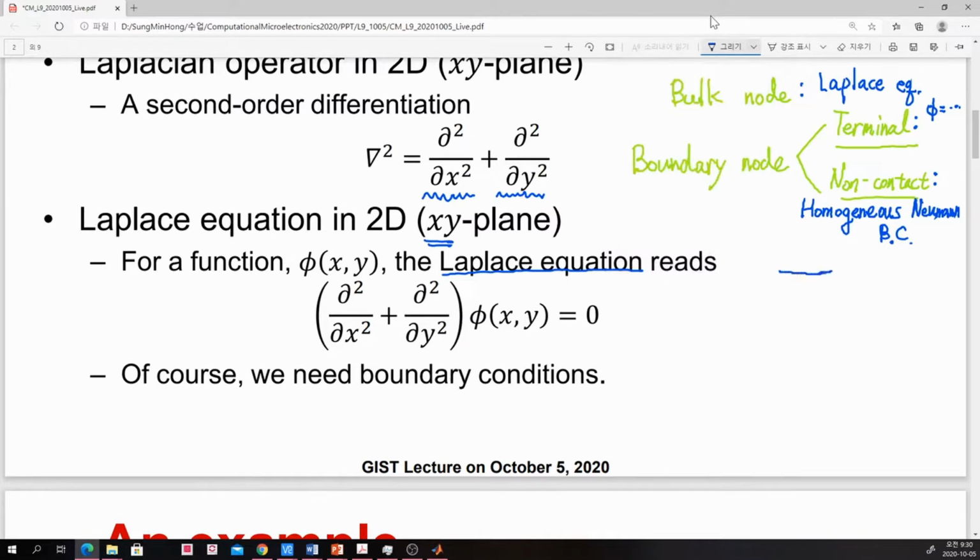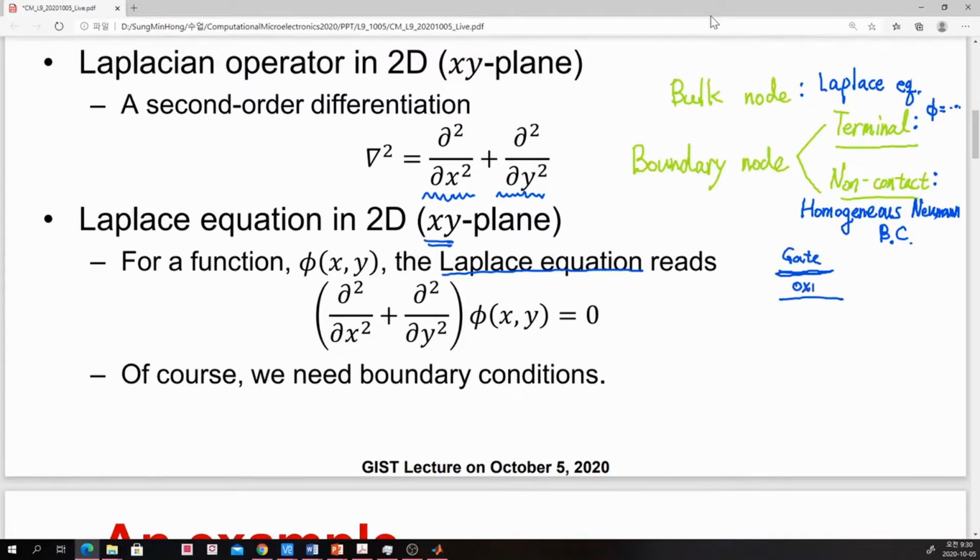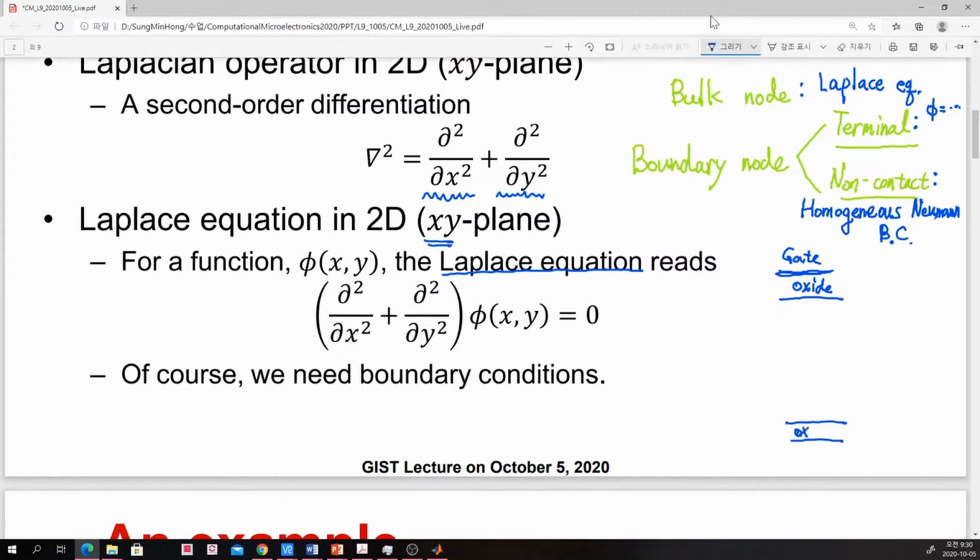We have here a gate, and here we have oxide. Usually in our course, we are considering the system usually called a double gate structure. So we have here gate. This is the double gate structure.